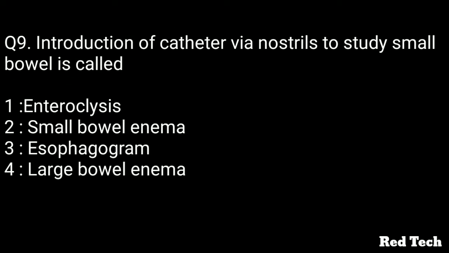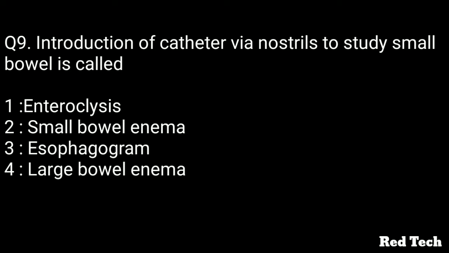Question number 9. Introduction of a catheter via the nostrils to study the small bowel is called: option 1 is enteroclysis, option 2 is small bowel enema, option 3 is esophagogram, option 4 is large bowel enema. So the question is asking what the process is called when we insert the catheter via the nostril to study the small bowel.